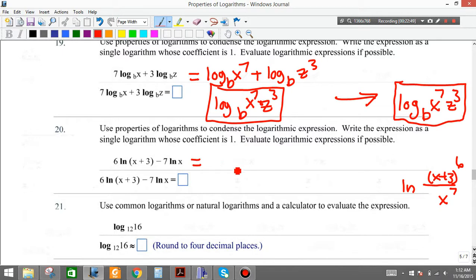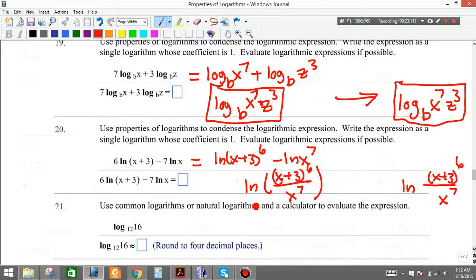Using rules very carefully, this is equal to, using the power rule, bringing the 6 and the 7 up front on powers respectively. You get that. Again, subtraction of two logs turns into one log that features division. We'll put that in.